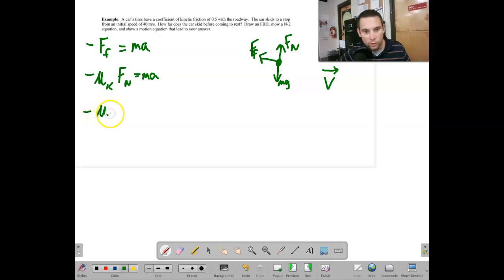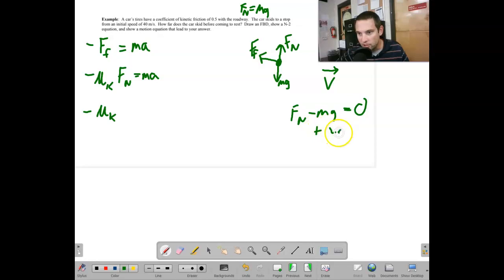Negative mu k. What's the equation for the normal force? Well, let's look at the free body diagram. These two things are equal, so Fn equals mg. They cancel each other out. If we did the stuff that makes it go minus stuff that holds it back, we could say Fn minus mg equals 0 because they cancel each other out.